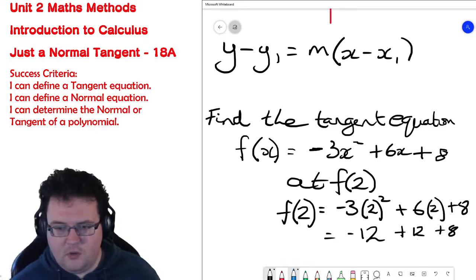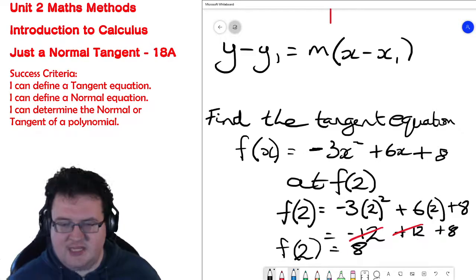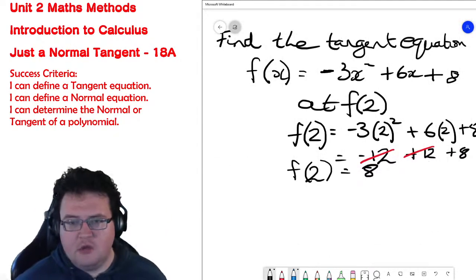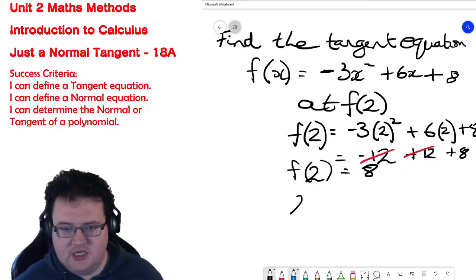Hey presto, what do we have? We cancel some down. We have 8. f(2) is 8, which means that our tangent equation will need to pass through the point (2, 8).